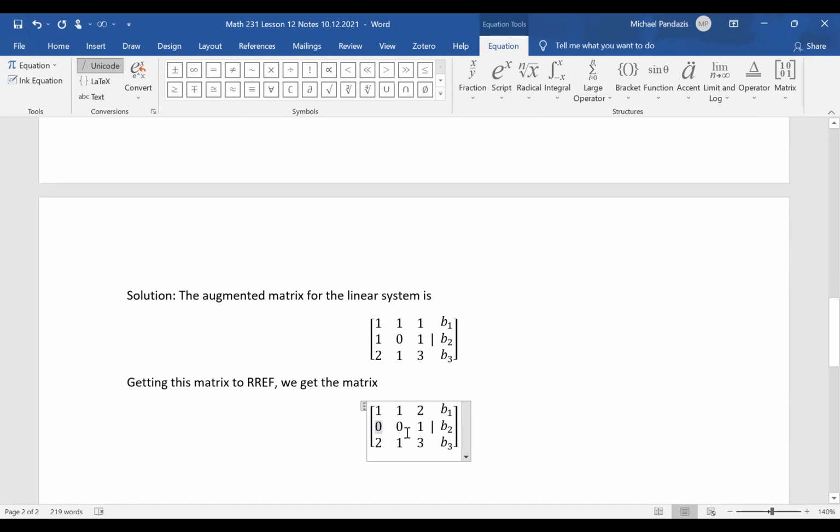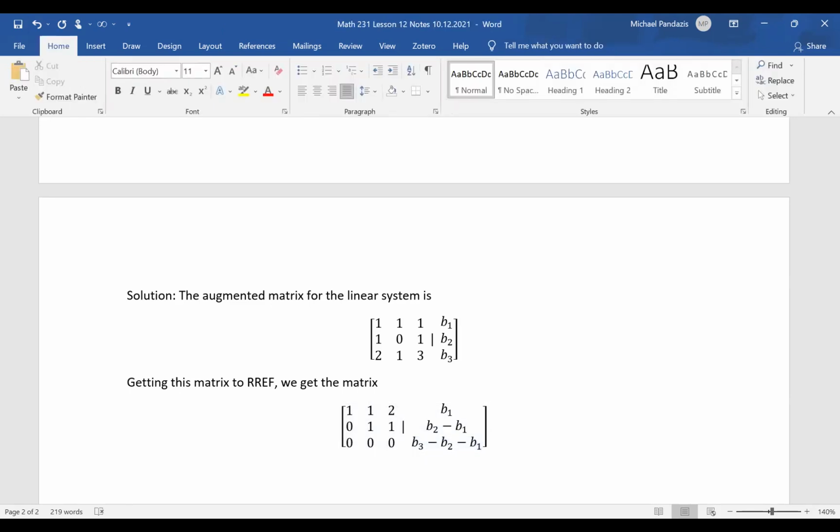Give me a second. 0, 1, 1, 0, 0, 0. Then this is B2 minus B1. This is B3 minus B2 minus B1.